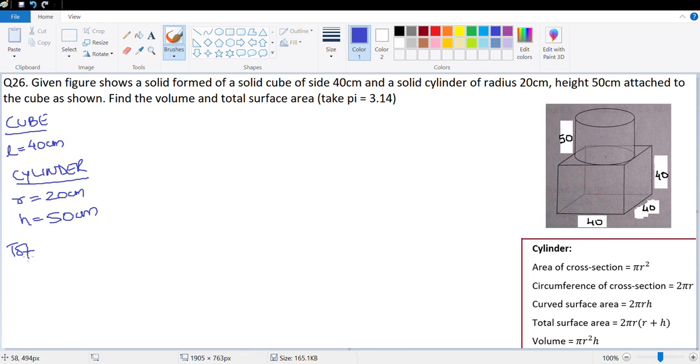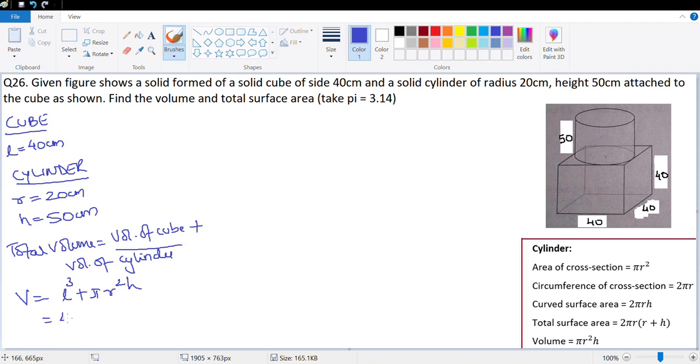So total volume will be equal to volume of cube plus volume of cylinder. We need to find both volume as well as surface area. Let's just find the volume first. So volume will be equal to volume of cube. Volume of a cube is L cube. So L cube plus volume of cylinder is given as pi r square h.